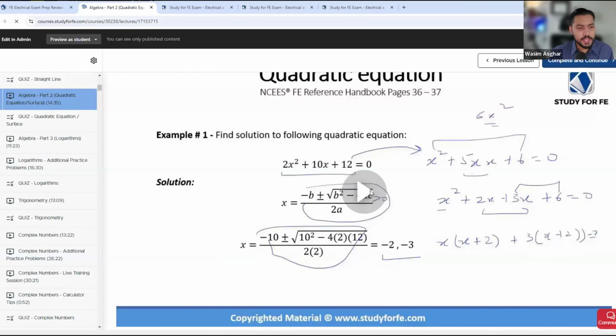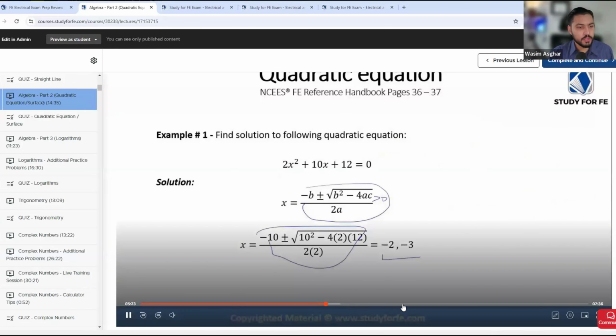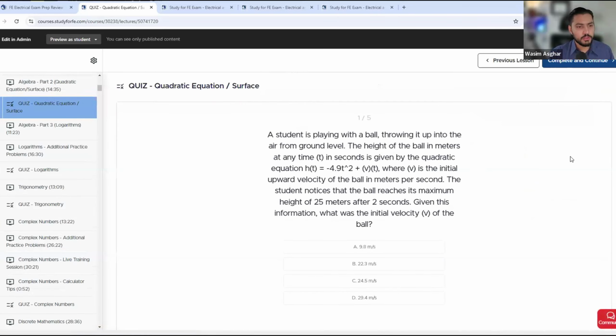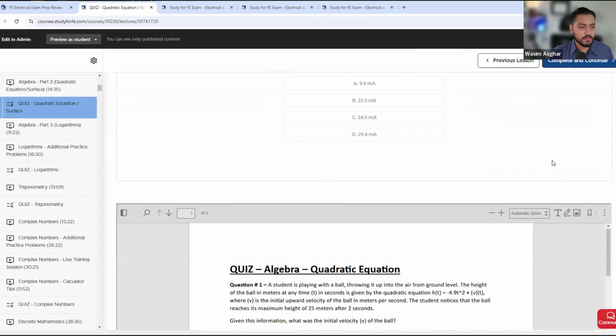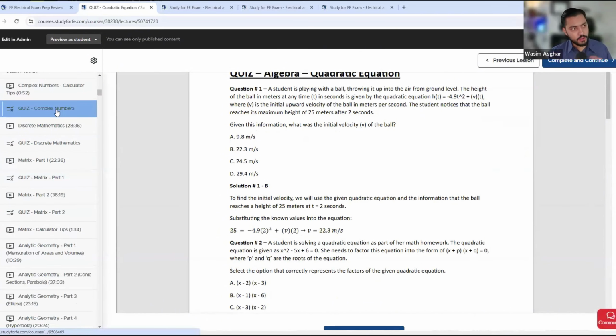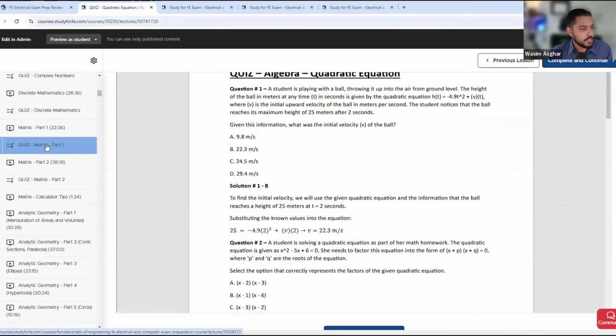These lectures contain a mix of simple theoretical explanations, the ones that you experience right now, with practice problems that I've worked through in the content. So it's a combination of theory plus practice. After every lecture, you can expect quizzes with detailed solutions. And at the end of every section, if you keep an eye on the left-hand side of the panel, you have discrete math, a multi-part lecture series on matrix.